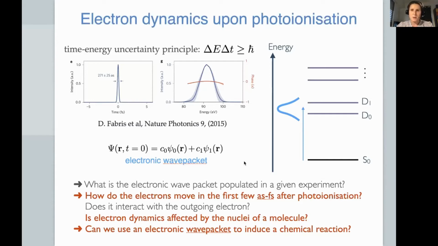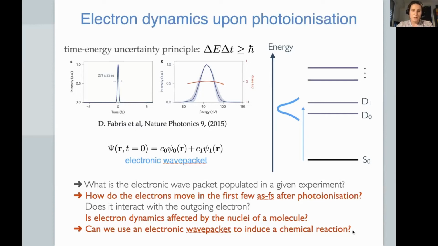And going beyond the observation of electron dynamics, can we actually use this electronic wave packet to induce a new type of chemical reaction? So myself, I got interested in the questions that are in red, and I'm going to explain and present to you the theoretical method that we have developed over the years in order to address these questions.